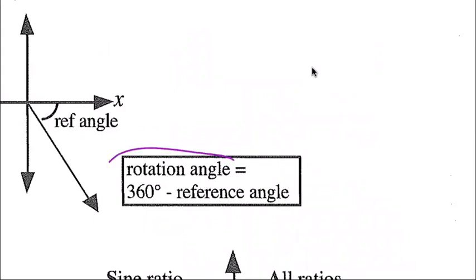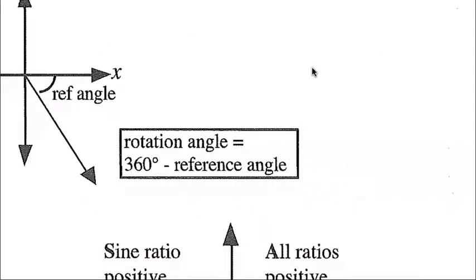So if you have the rotation angle, then to find the reference angle, you just rearrange your formula. Let's say your rotation angle is 280 degrees. So I have 280 degrees is equal to 360 minus my reference angle.